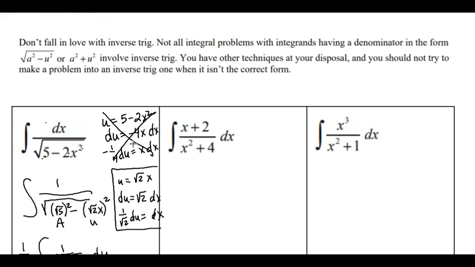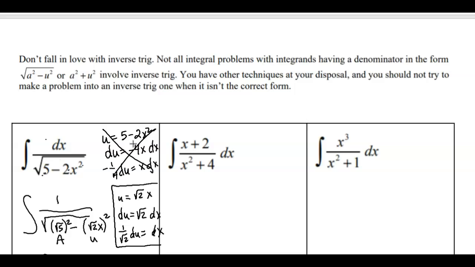All right, let's look at the next one. So this one, you might not even fall for it, but I think it's trickier than what it looks like. So we see an x on top and we see an x squared on bottom. So a lot of students will say, oh, okay, so let's do u equals x squared plus 4, du equals 2x dx, and so 1/2 du is equal to x dx.